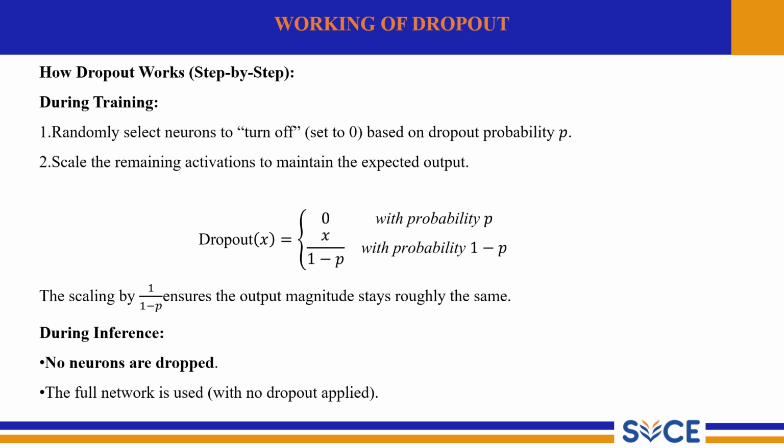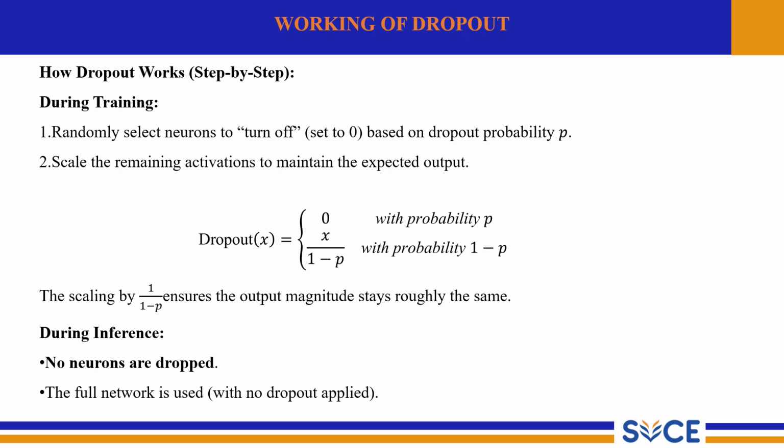Working of dropout. During training, for random deactivation with dropout probability p, we randomly select neurons to turn off by setting their activations to 0. Scale surviving activations. To keep the expected activation consistent, we scale the remaining activations by a factor of 1 over 1 minus p.